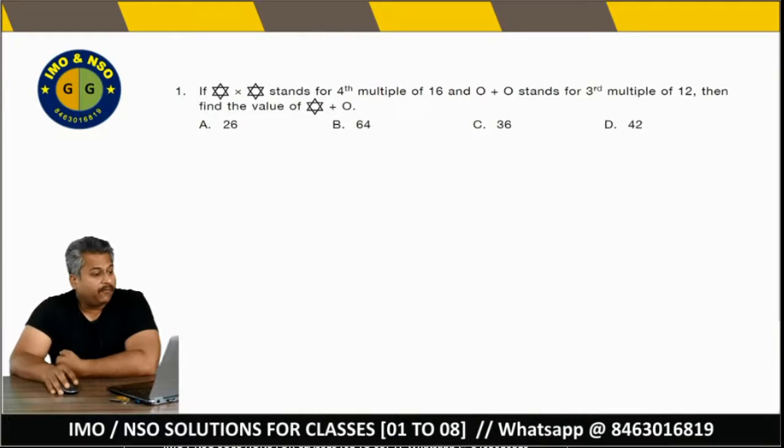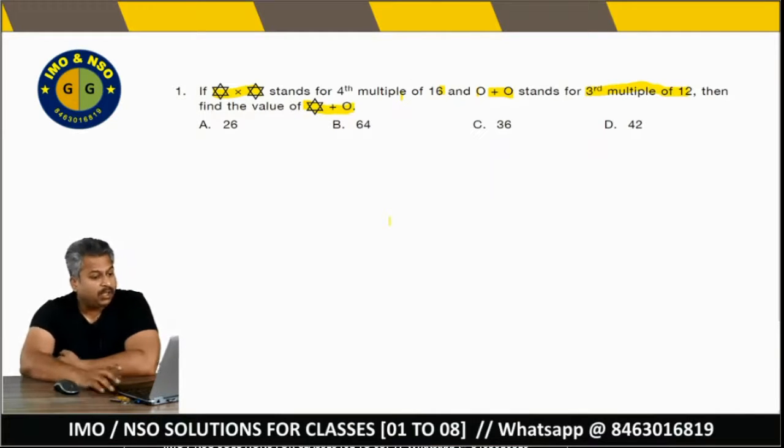In the first question, it is given that star times star stands for the 4th multiple of 16, and O plus O stands for the 3rd multiple of 12. Find the value of star plus O. So here we have been given two conditions.